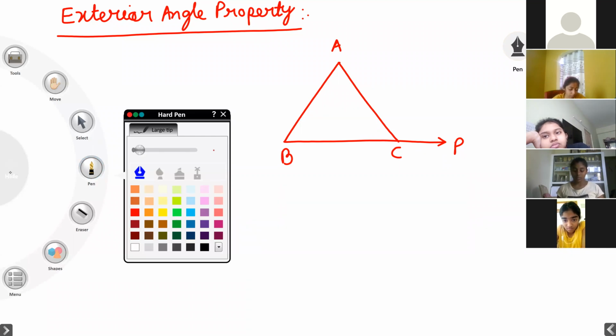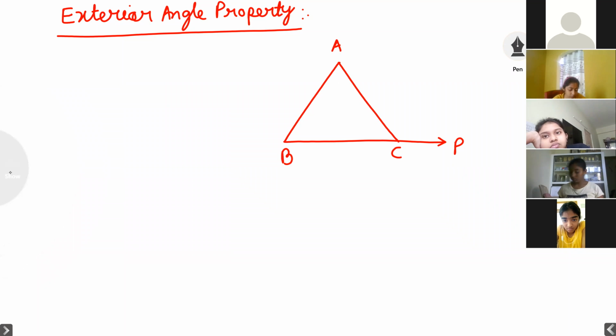Exterior means inside or outside? Outside. Suppose this outside angle I am assuming is angle 1, and the inside angles I am assuming are angle 2 and 3.